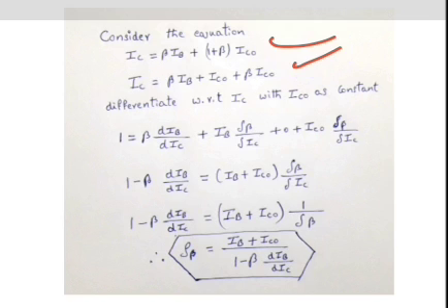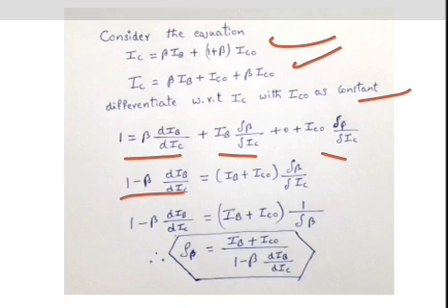Differentiate with respect to IC with ICO as constant. 1 equals delta beta IB divided by delta IC plus IB delta beta divided by delta IC plus 0 plus ICO delta beta divided by delta IC.